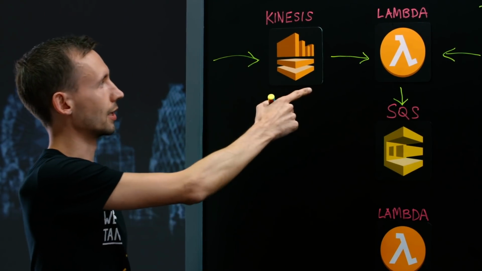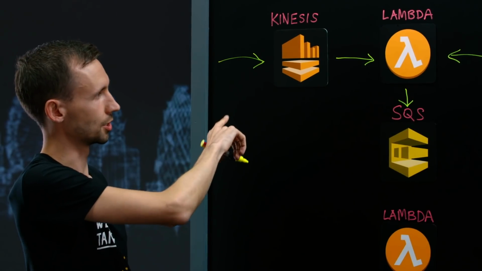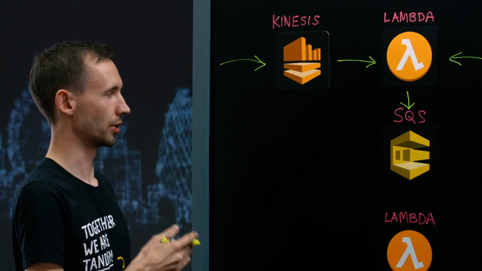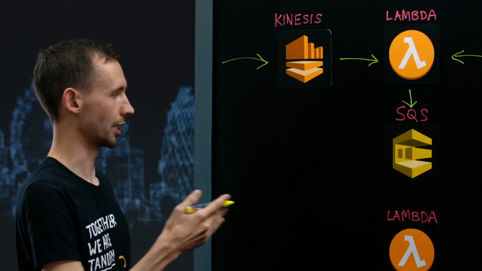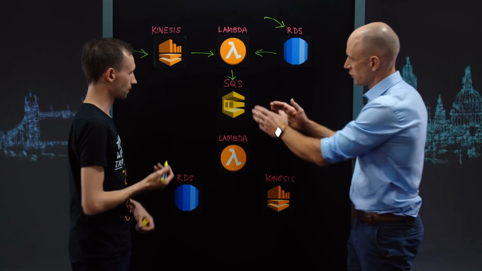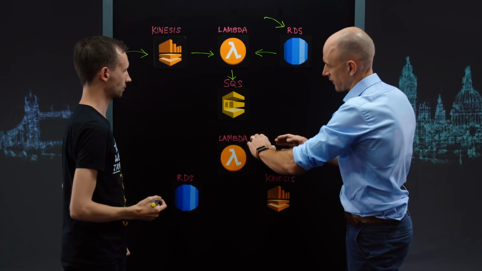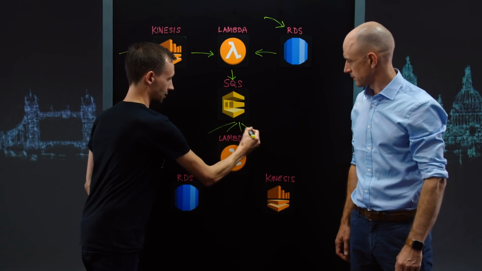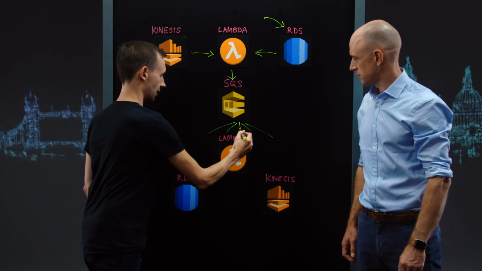There's only one Lambda that you can have connected to a Kinesis shard at a time, and they work sequentially. So it meant we could never keep up with the data that was incoming. Okay, so using SQS and Lambda with a second tier of Lambda, you've got a fan-out system here, have you? Yeah, exactly. Yep. So there's lots of these. It can scale out to pretty much anything. Okay.